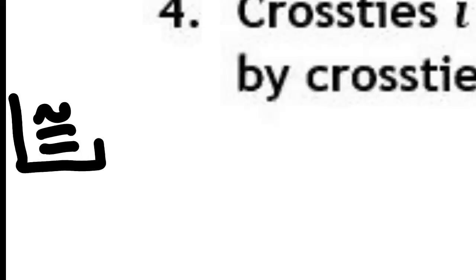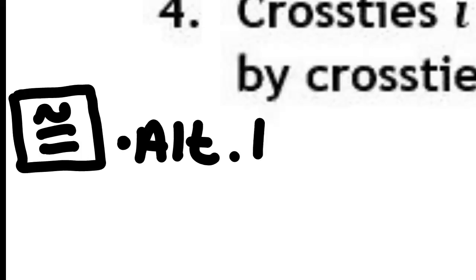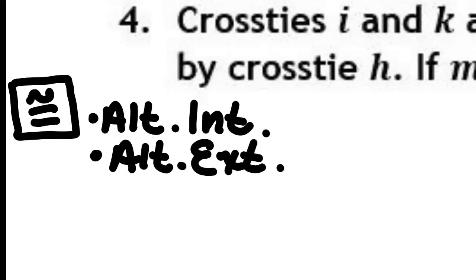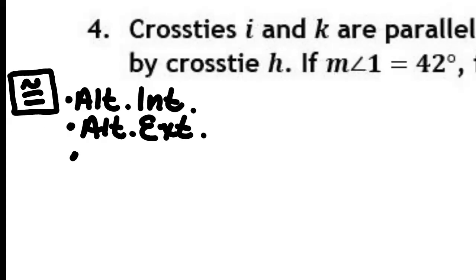So my congruent angles are alternate interior, alternate exterior, and corresponding.